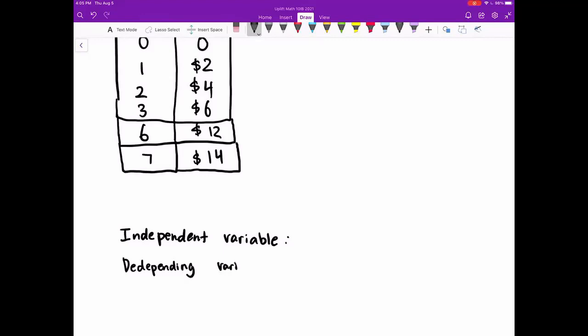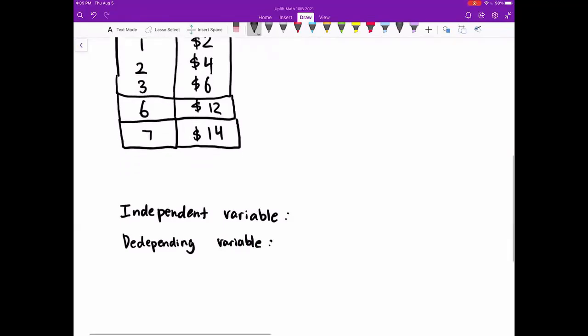The names of these variables suggest what they do. The independent variable doesn't have to rely on anything. You could change its value and nothing much is going to happen. But the dependent variable relies on the independent variable. So if you change the independent variable, the dependent variable has to change, or it doesn't, but it has to be somehow related to the independent variable.